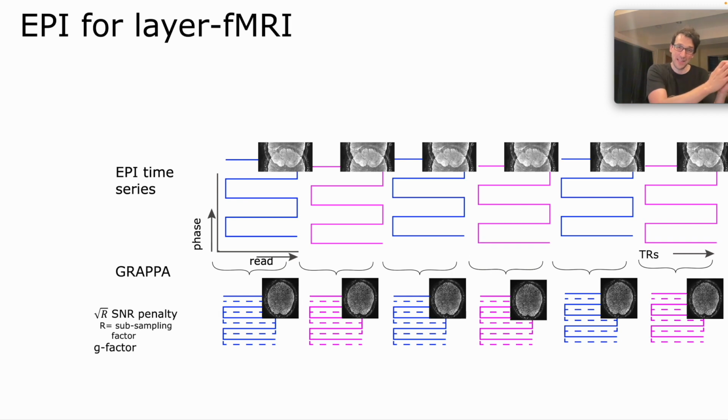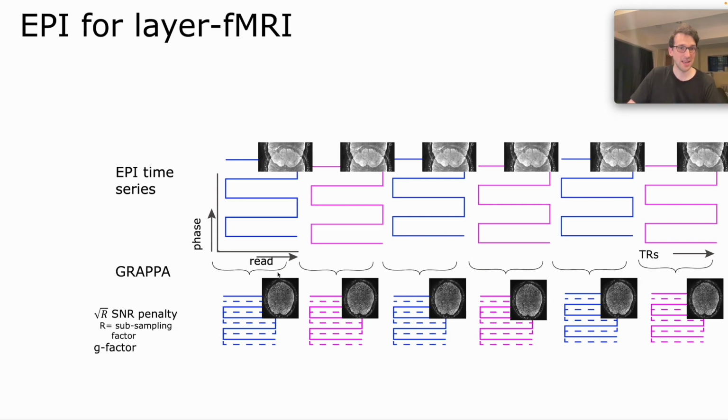If you only have the center of k-space, it's smooth in image space, and so on. So when you look at a small field of view from one coil only, we have smoothness in k-space. This means that neighboring k-space lines are dependent on each other. So if you didn't acquire each individual k-space line, you can use the smoothness constraint of k-space to reconstruct those missing lines, which is done in GRAPPA.